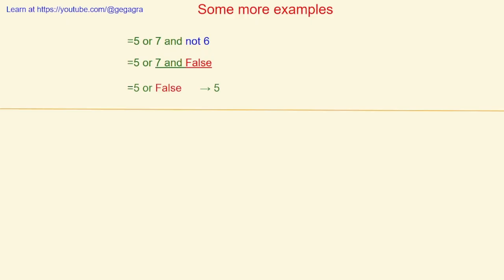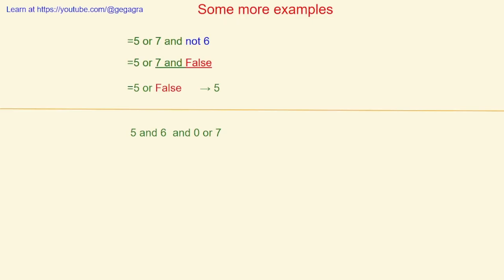Now next example. In this example you see 5 and 6 and 0 or 7. As far as priority of these logical operators is concerned, and has higher priority over or, so we'll have to evaluate the and operator first, and that is why we'll have to see 5 and 6 and 0.